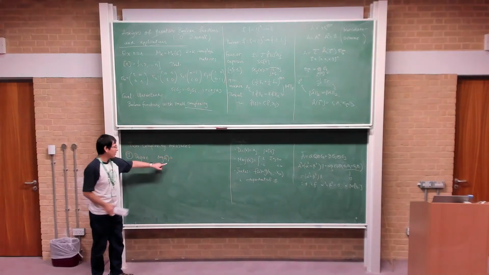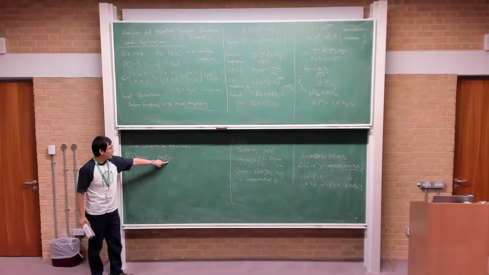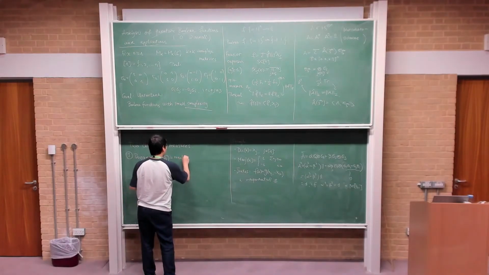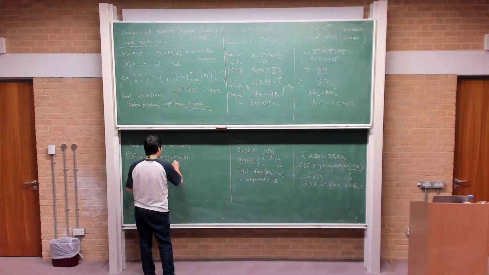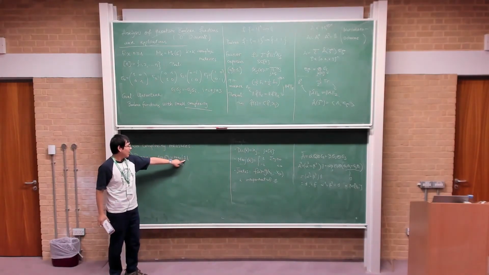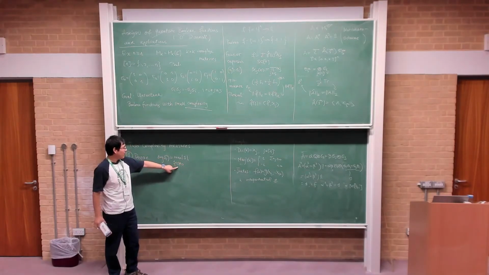the degree of this function f, which is not necessarily Boolean, is the maximum of the cardinality of the set capital S whenever its corresponding Fourier coefficient does not vanish.